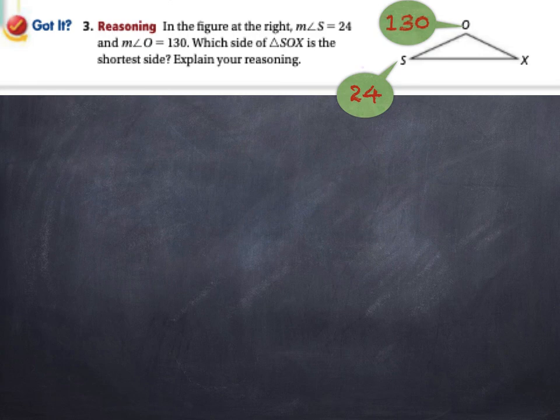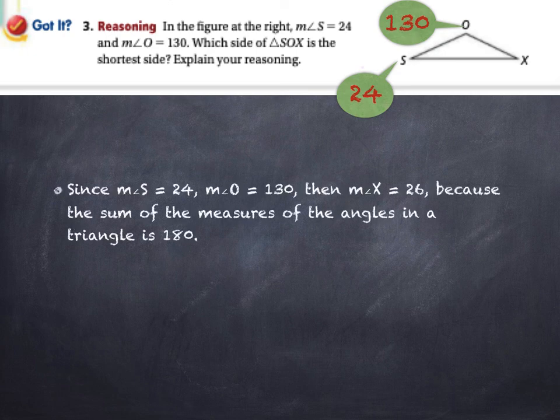First, we need to find the measure of angle X. Since the sum of the angles in a triangle is 180, the measure of angle X is 26 degrees. Now, based on the measurements of the three angles of the triangle, we can compare the lengths of its sides. The smallest angle is angle S, which is 24 degrees, meaning the side opposite angle S is the shortest side.